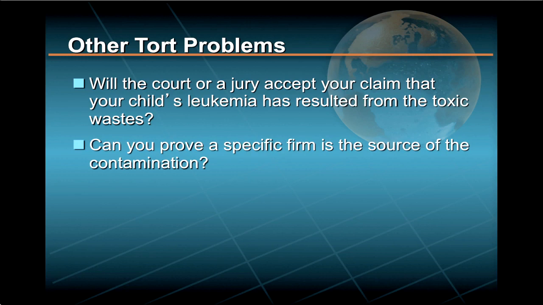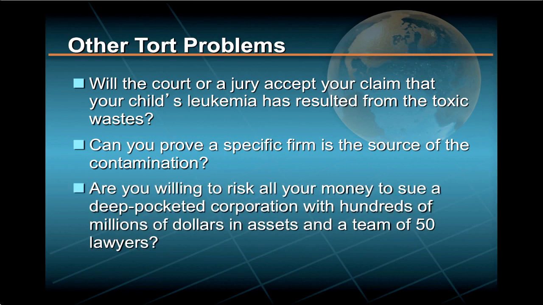Can you prove that a specific firm in the area is the source of the contamination of your well? And are you, as an individual, willing to risk all the money in your bank account to sue a large, deep-pocketed corporation with hundreds of millions of dollars in assets and a team of 50 lawyers?